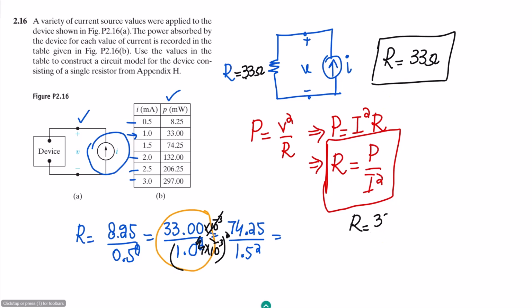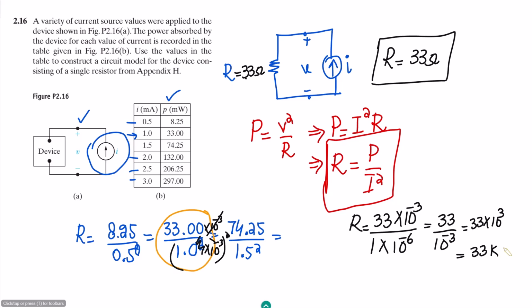So it will be 33 into 10 to the power minus 3 divided by 1 into 10 to the power minus 6 because of this squared term. So it will be 33 divided by 10 to the power minus 3, which is 33 into 10 to the power 3, and ultimately we will get 33 kilo ohm.